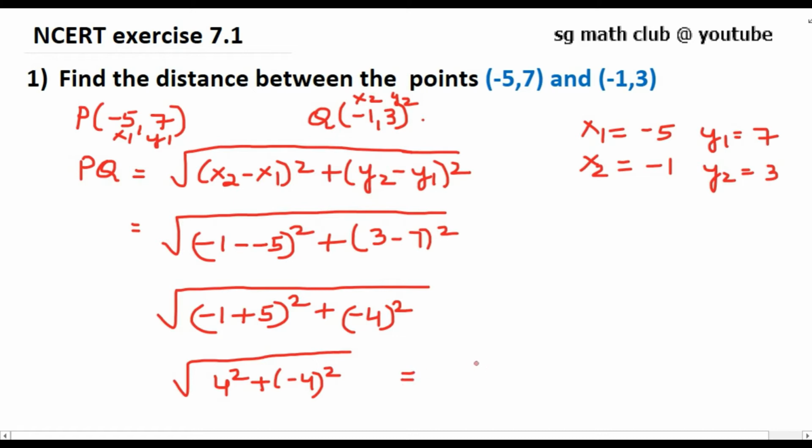So that is 4 square plus (-4) the whole square, which is 16 plus 16, square root of 16 plus 16, which is equal to square root of 32.